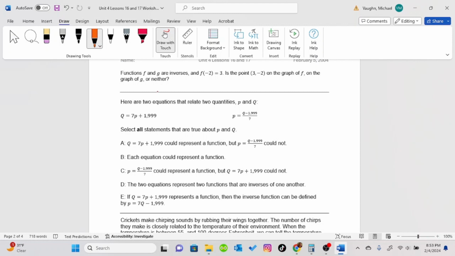So if we remember function notation, the x is in parentheses and the y is what it equals. So f says that -2 is the x and 3 is the y.